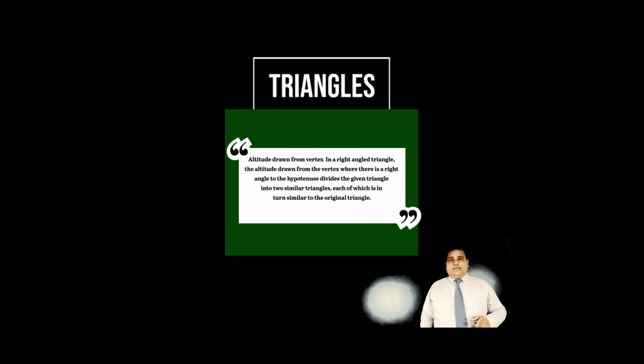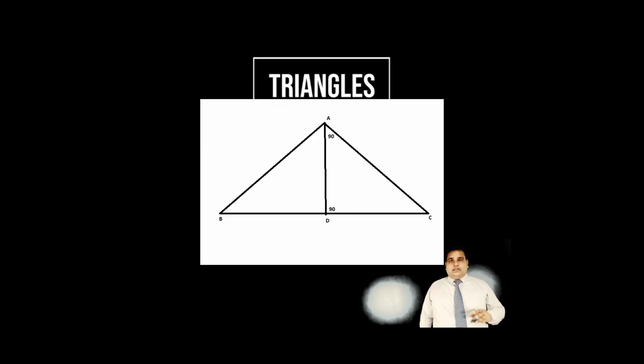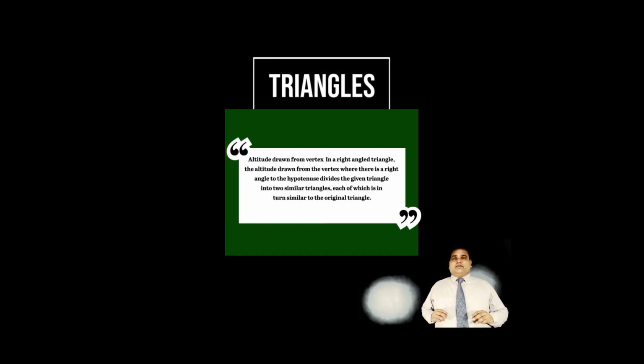We can understand from this diagram: triangle ABC is a right angle triangle with the right angle at vertex A. If we draw an altitude from vertex A, the altitude is AD.